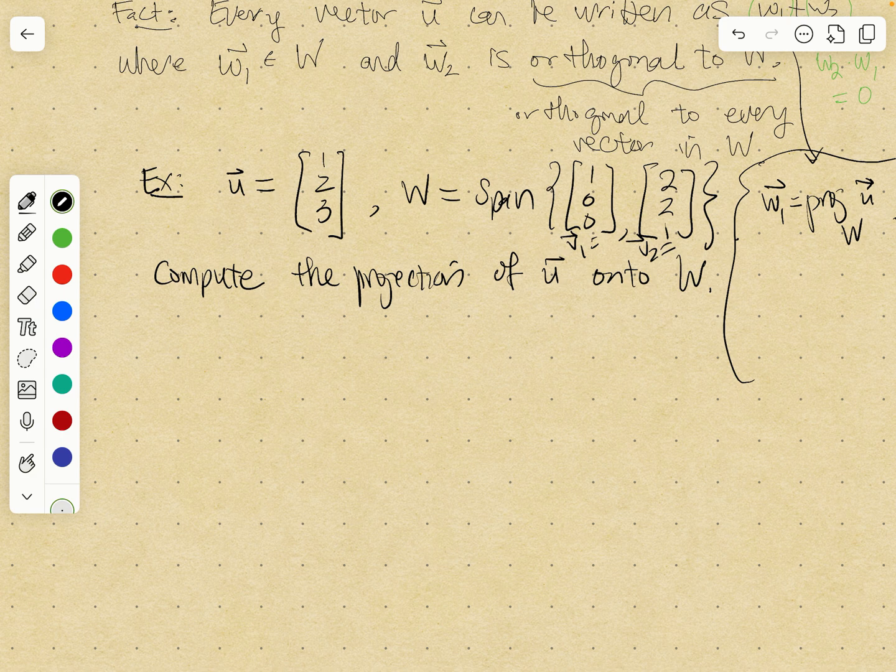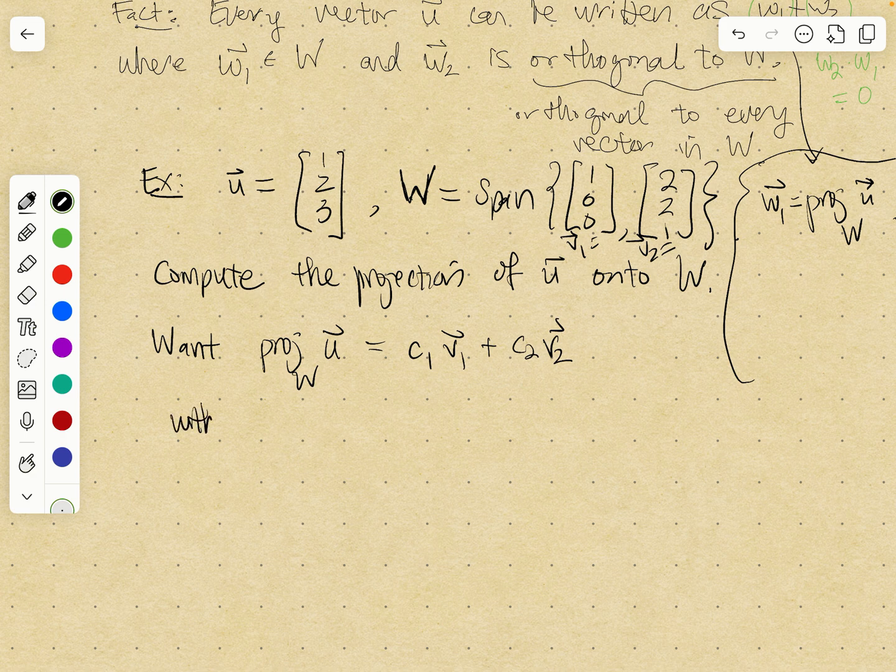What we're looking for is the projection of u onto W. This is a vector in the subspace W, so it's a linear combination of v1 and v2. It has the form c1 v1 plus c2 v2.